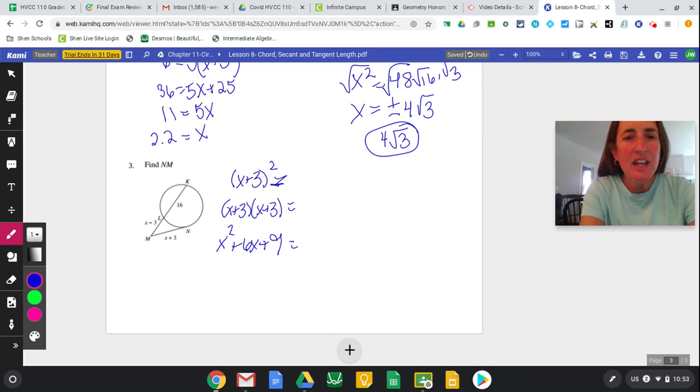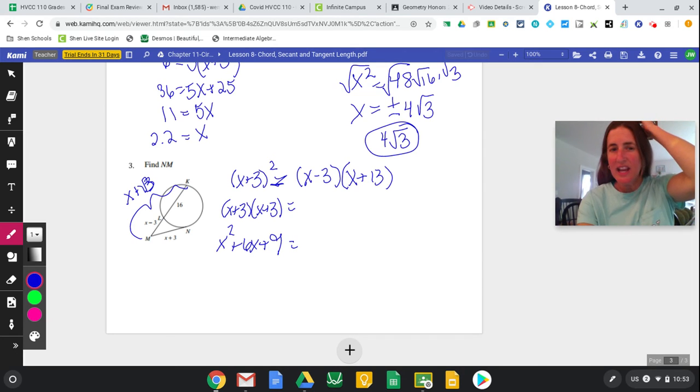On the other side, I'm going to take the x minus 3 and times here, which is really x plus 13. Why is that not writing? Let's try it over here. X plus 13. Okay, so now I'm going to multiply that out.